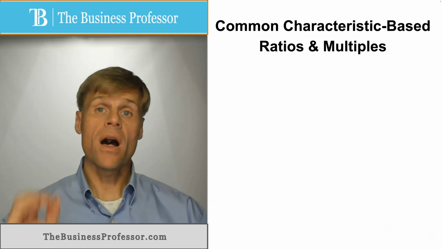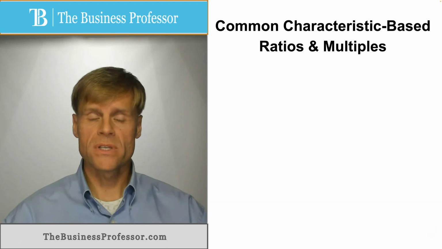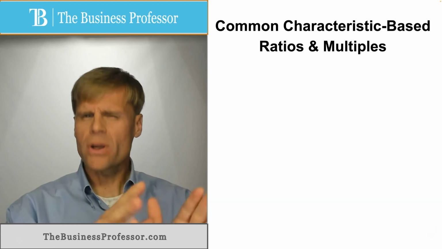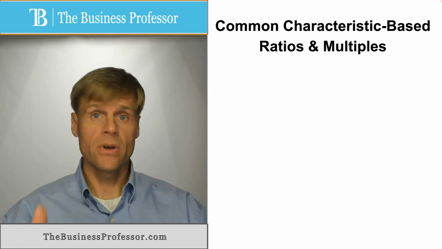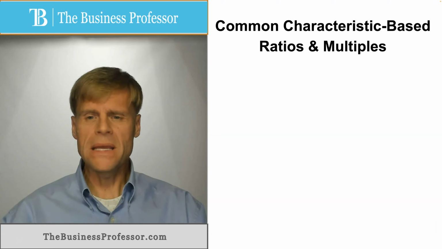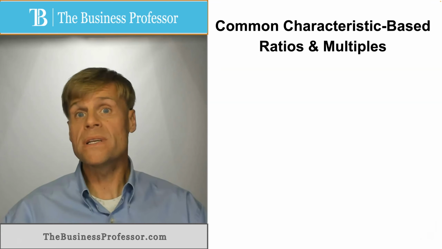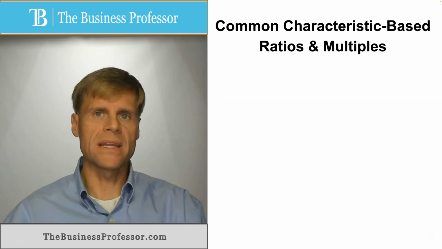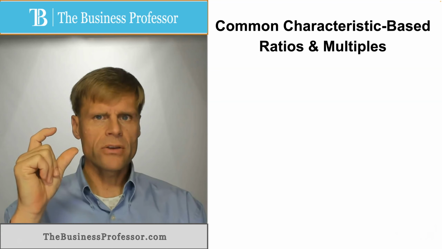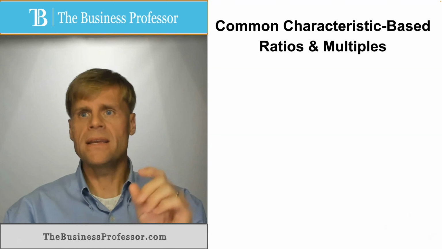What are some common characteristics-based ratios or multiples used when using market comparables to value a firm? So the market approach to valuing a firm depends upon identifying different characteristics about similar companies that provide a metric by which the company can be valued.